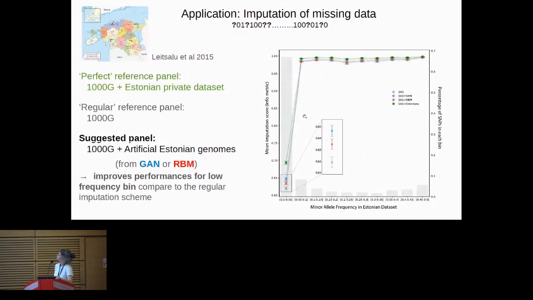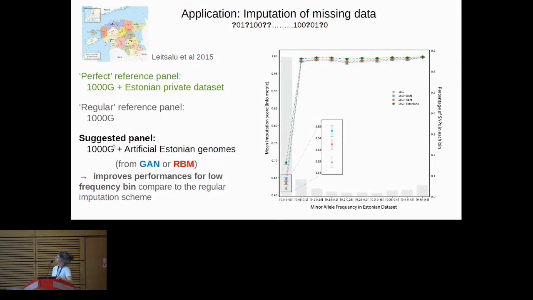Okay, and so one proof of concept of an application that you could do with this synthetic genome is if you want to impute a sequence, say here a sequence of an individual. Ideally, you would want to have the 1000 Genomes, that is a large database, and also the Estonian dataset, but this one is private. So in practice, you will have just the public dataset.